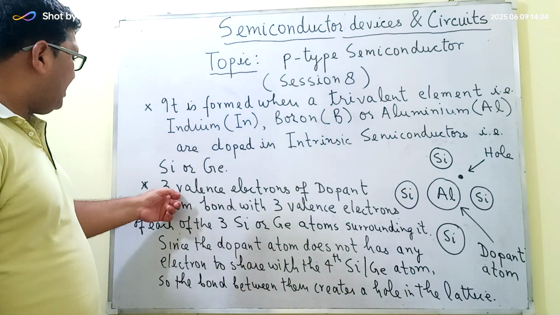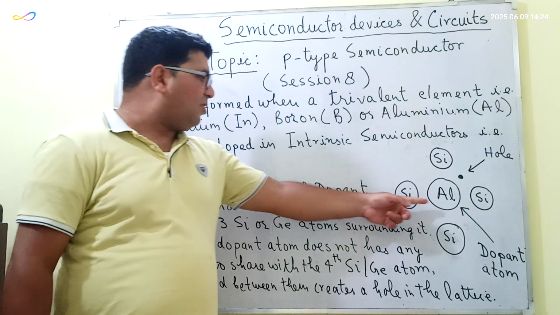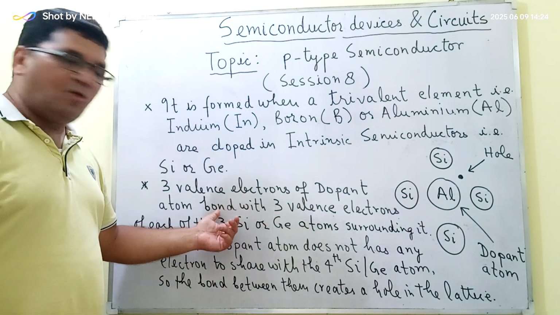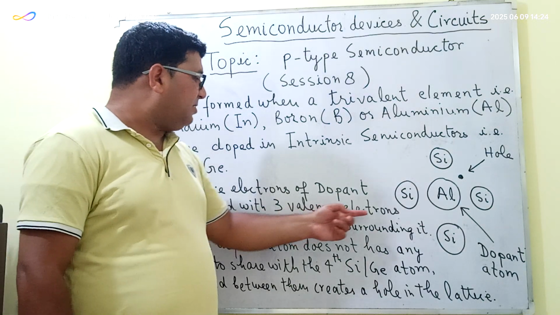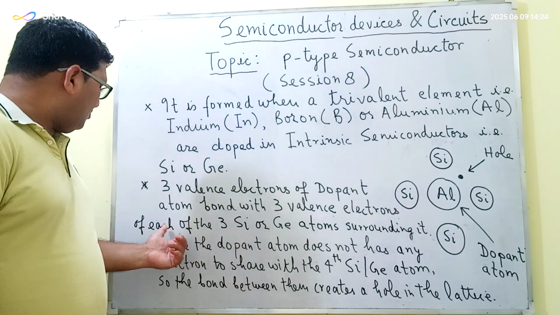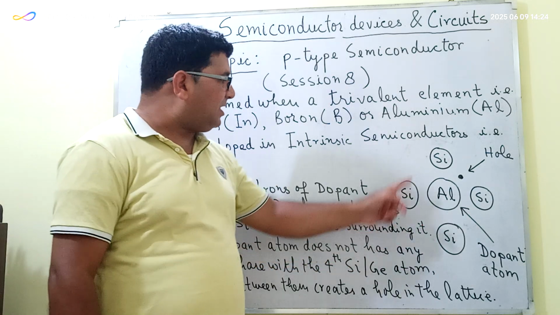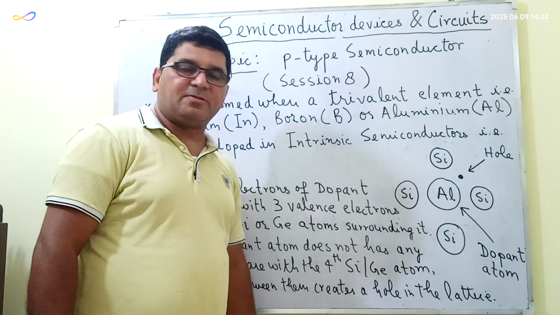So what happens is that the 3 valence electrons of this dopant atom form covalent bonds with the valence electrons of the 3 silicon or germanium atoms which are surrounding this dopant atom.